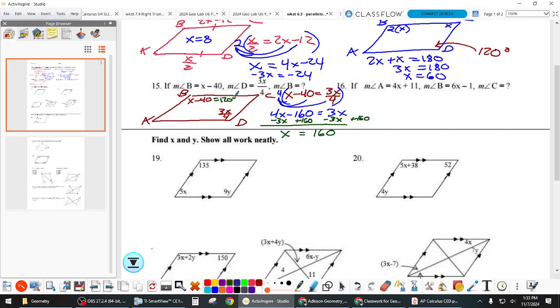How you doing on this so far? Side lengths or angles on this one? Angles again. So 4x plus 11, 6x minus 1, and we're looking for C. Eventually we are. What can we do with those two?